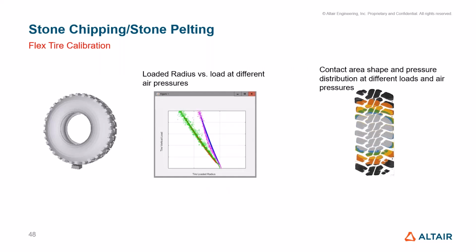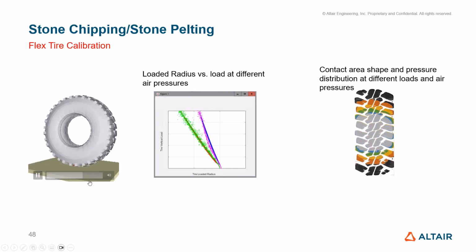When it comes to the FlexTire calibration, you have to perform loaded radius versus load at different air pressures. To calibrate soil to tire interaction in EDEM, this is how you can perform the calibration, where the tire will be compacted over a particulate material, and you look at the vertical load versus the tire loaded radius.